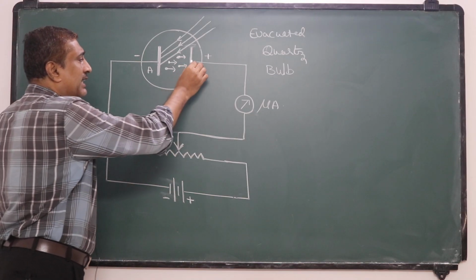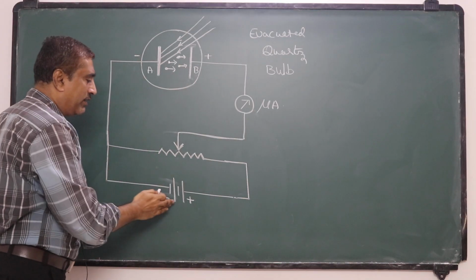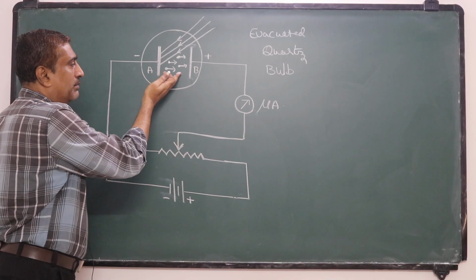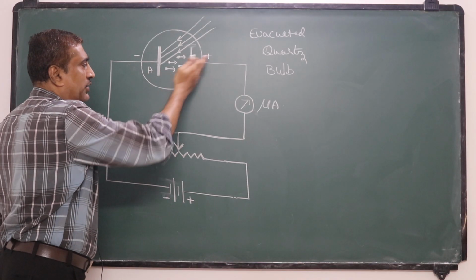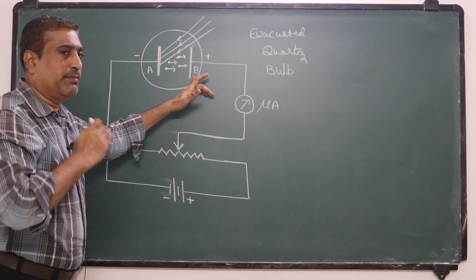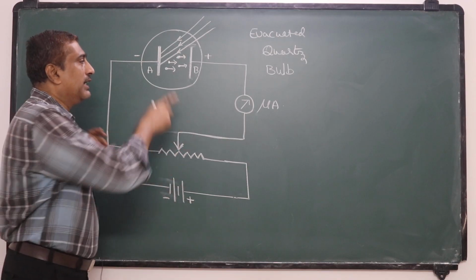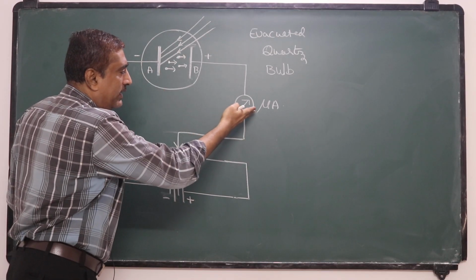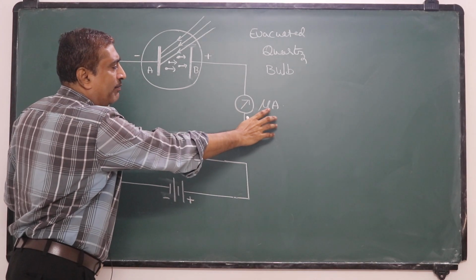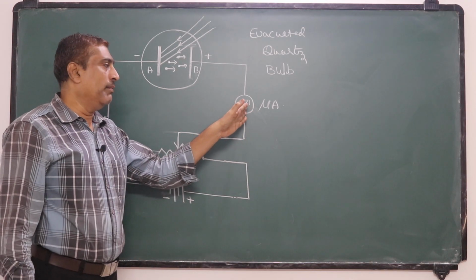So the collector is connected to the positive terminal and the emitter to the negative terminal of the battery, so that as these negatively charged electrons move from one electrode to the other, they are attracted towards the positive potential. As the electrons move, electric current flows, and that current is noted by the deflection of the microammeter.